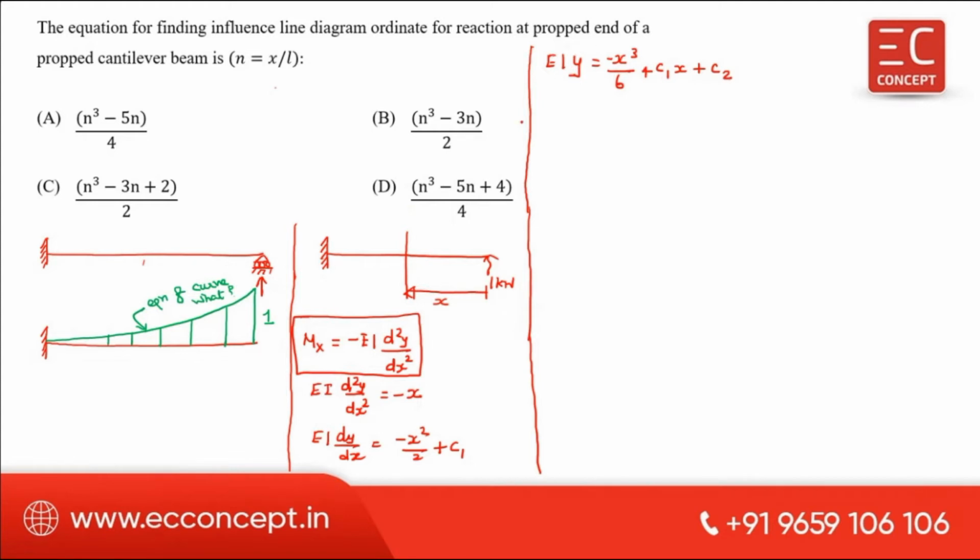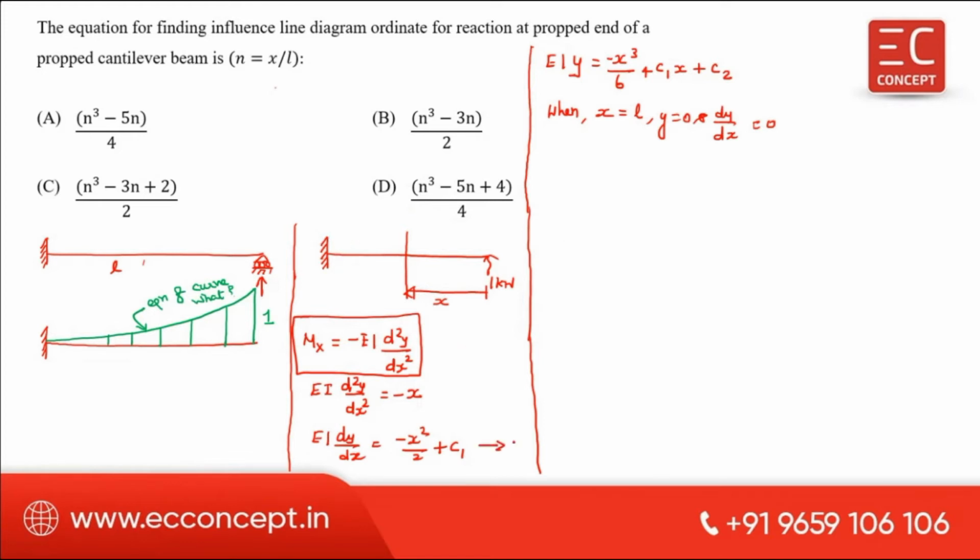Now we need to calculate the deflection curve, right? Deflection equation. There are 2 constants. You have to first of all calculate the constants. We know that when x equal to L, y is equal to 0 and dy by dx equal to 0, that is a boundary condition. When x is equal to L, then slope at this point and displacement at this point are equal to 0.